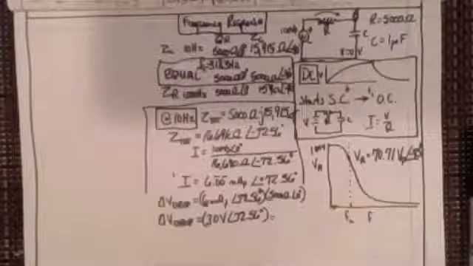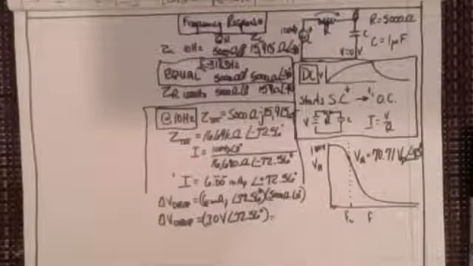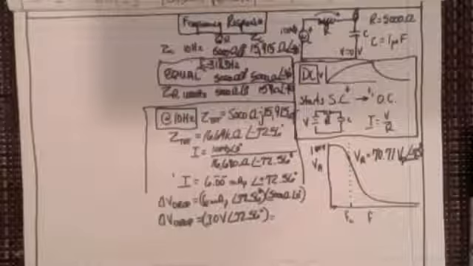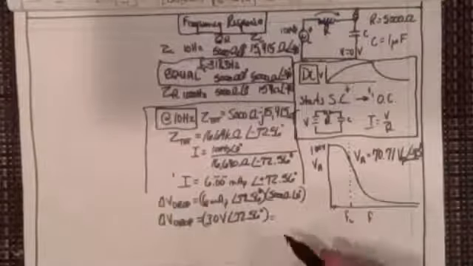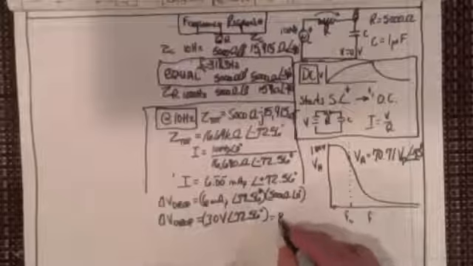So 30 times the cosine of 72.56 gives me 8.97 volts.